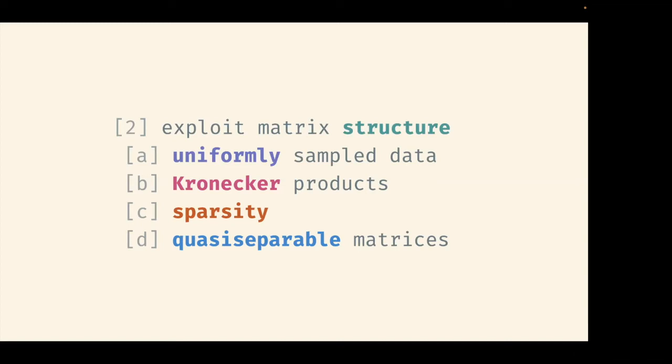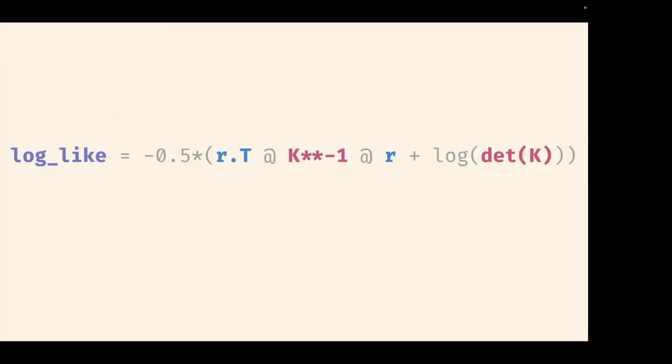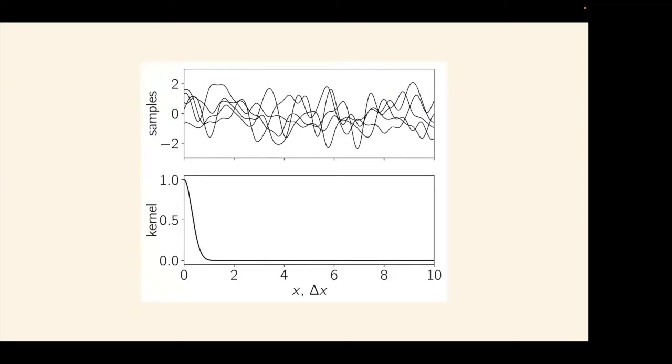Another one that people are often drawn to is sparsity. So remember that I showed way back here, over here. In fact, most of the entries in our matrix are nearly identically 0. Right?